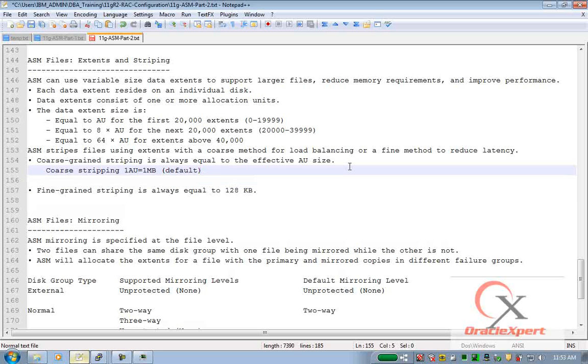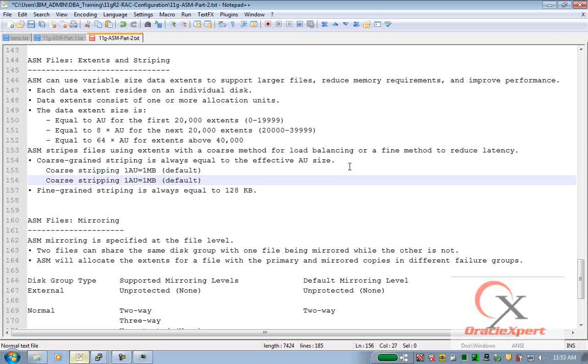In case of coarse striping, 1 AU is equal to X MB if while creating a disk group you have mentioned a non-default AU size. Understand this. While creating a disk group, you need to mention AU size. If you do not mention, default is 1 MB.